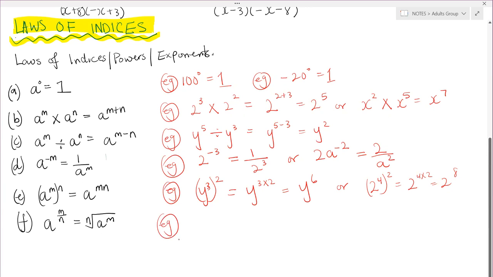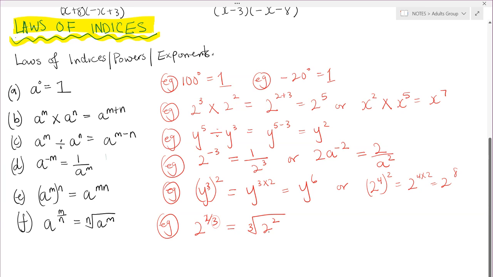This last one here, a number raised to the power of a fraction. Like 2 raised to the power of 2/3. We take the denominator of the fraction and make it into the root. So it's going to be the cube root of 2 squared. So the numerator stays as the power, and the denominator goes into the root function.